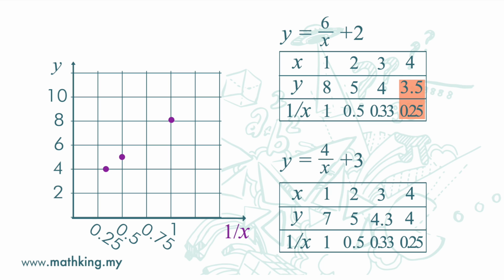When 1 over x is 0.25, y is 3.5. We join up all these points and extend the line to the y-intercept, and then we find the gradient of the graph. The gradient is 6. Intercept at the y-axis is 2. So we get the equation of the graph y equal 6 over x plus 2.